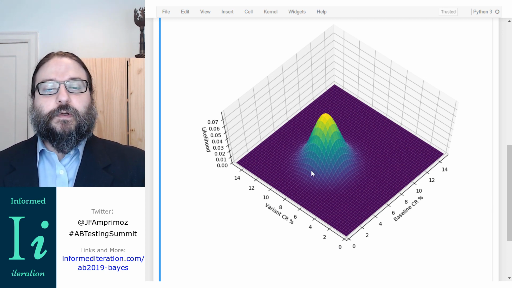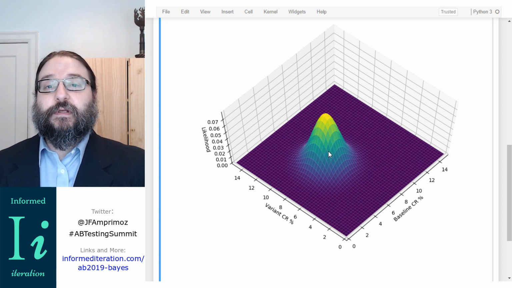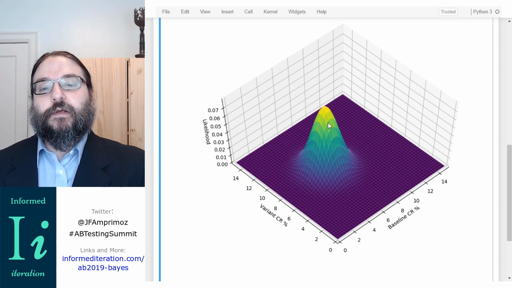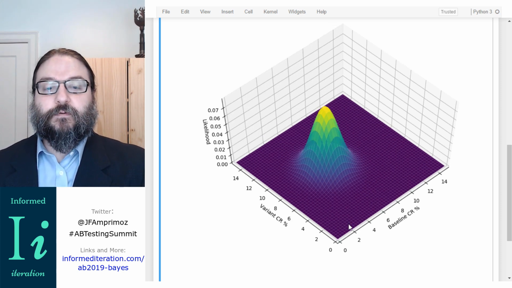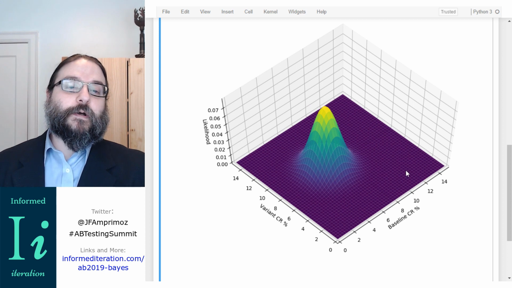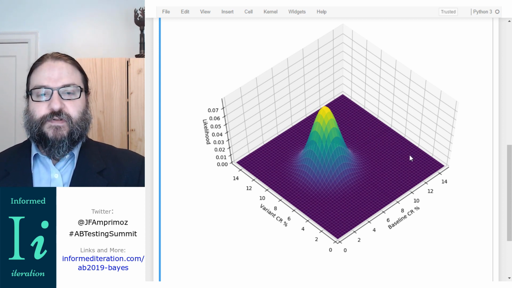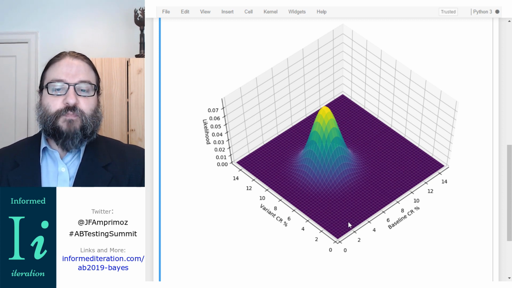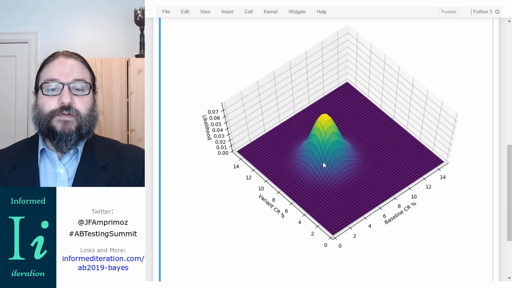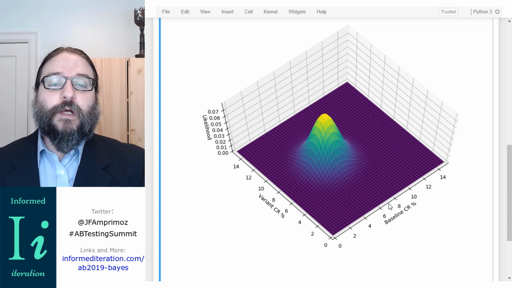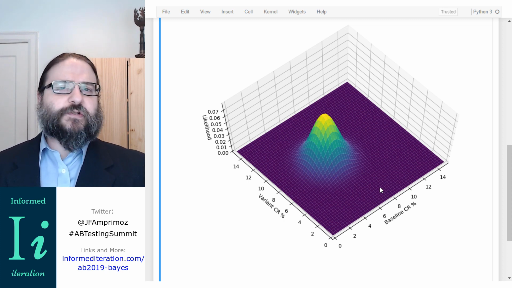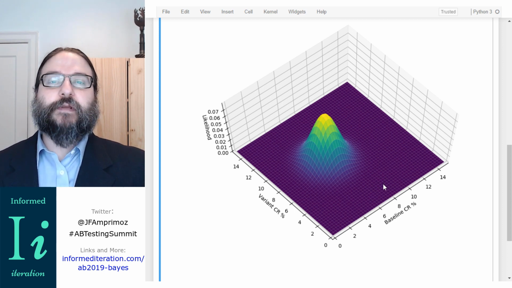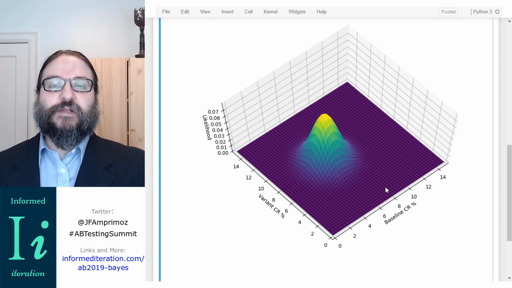So the chance of the variant being 8% and the baseline being 6% is very high versus the chance of the combinations in this purple area where it's very, very low. So we can see from this that there's the variant performing better, but we haven't answered that question we're supposed to be answering about what's the probability that the variant does better than the baseline.